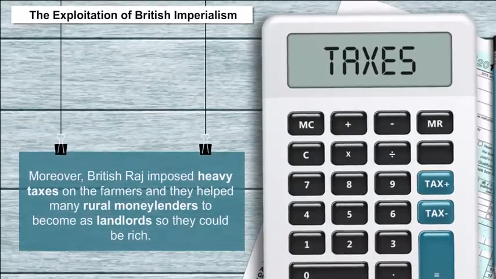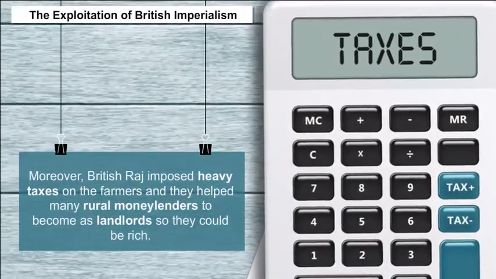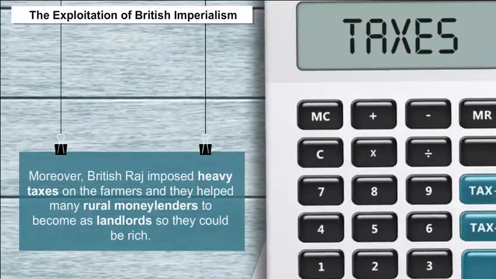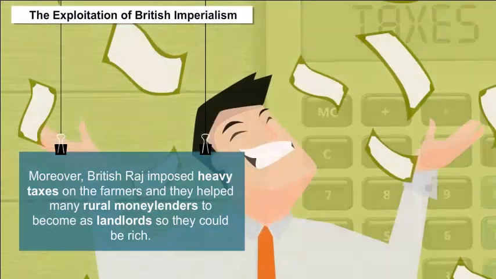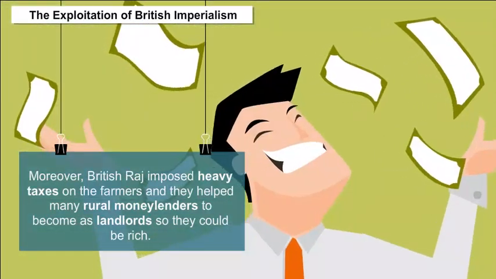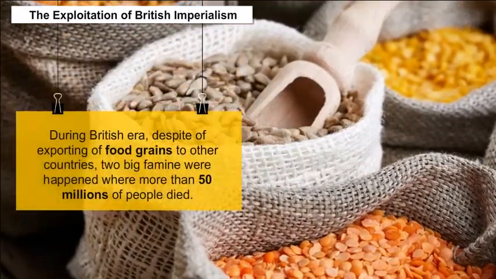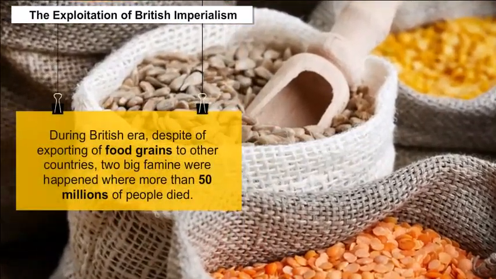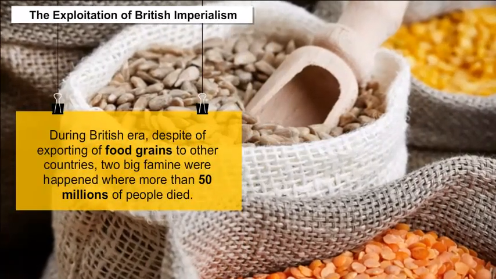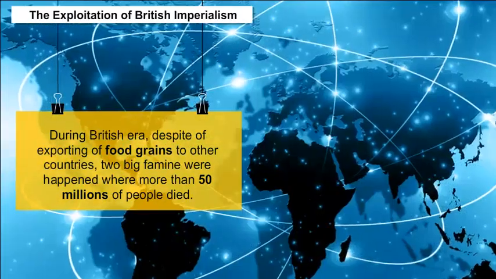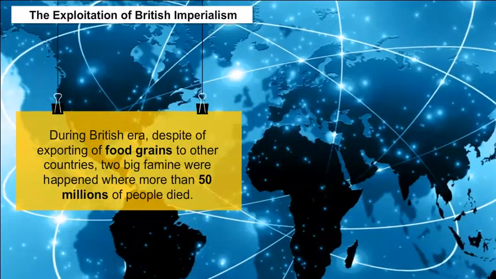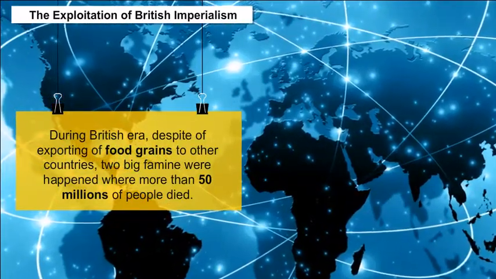Moreover, the British Raj imposed heavy taxes on the farmers, and helped many rural money lenders become landlords so they could be rich. During the British era, despite exporting food grains to other countries, two big famines happened when more than 50 million people died.